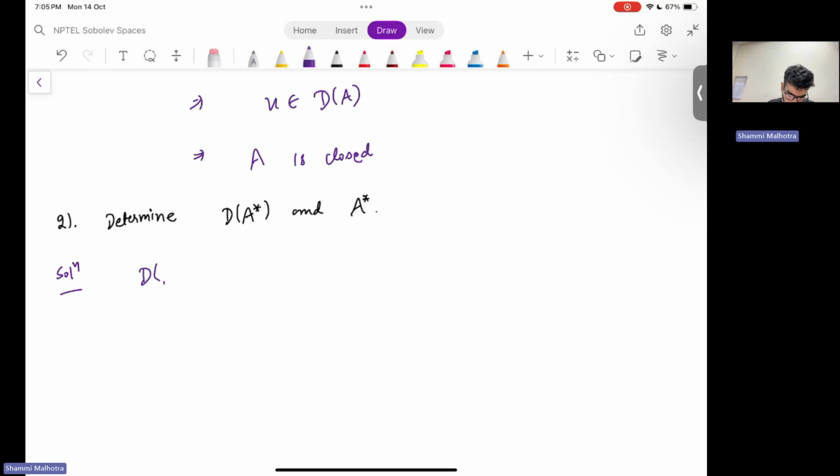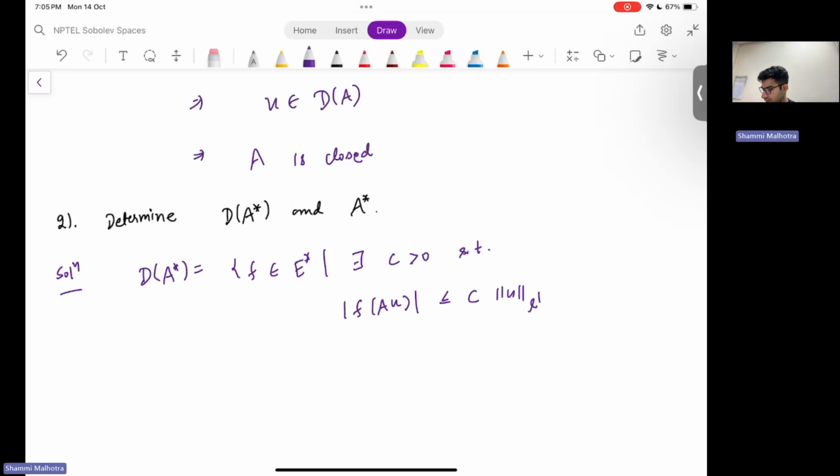D(A) star is defined as all those functionals in E star, so in the codomain, such that there exists C positive such that |f(Au)| is less than or equal to C times the norm of u in L1, which is E only, and it holds for every u in D(A).